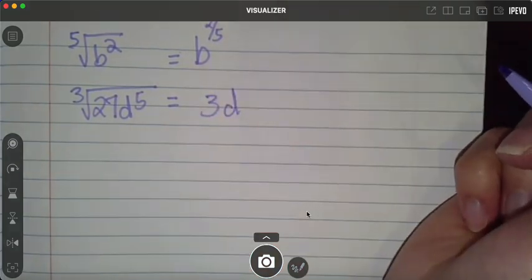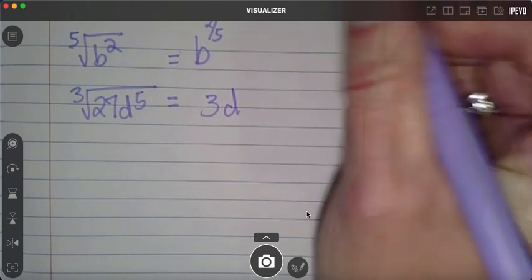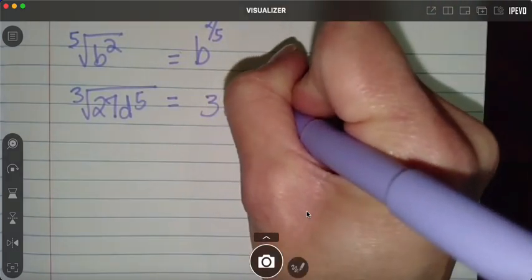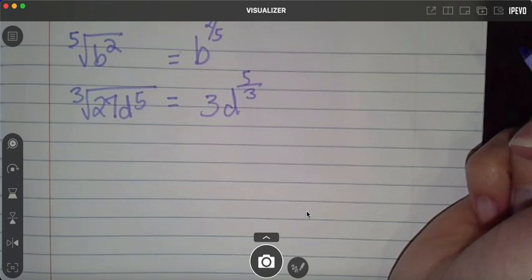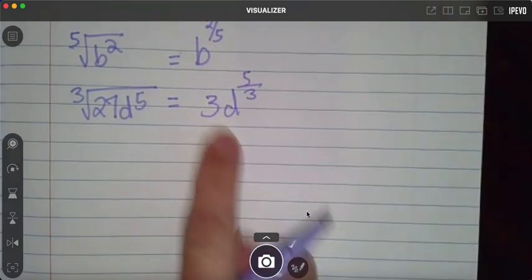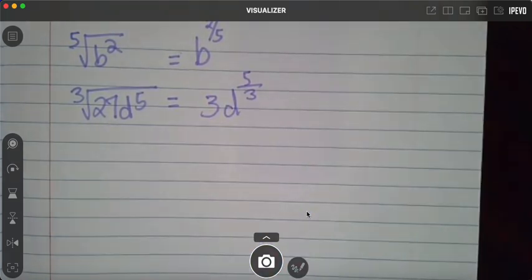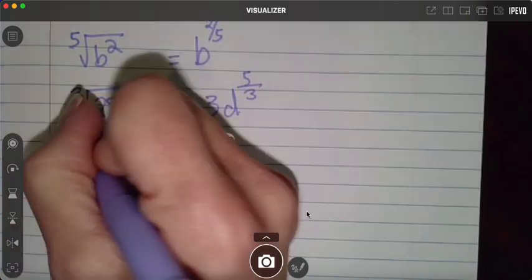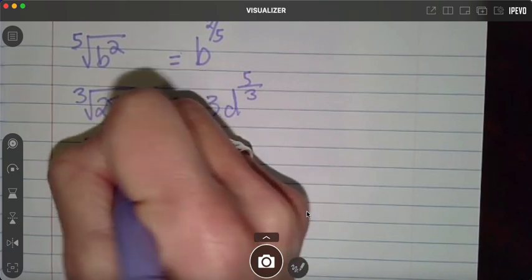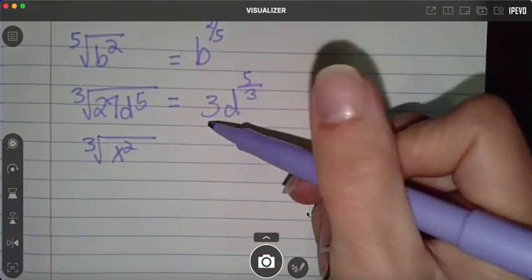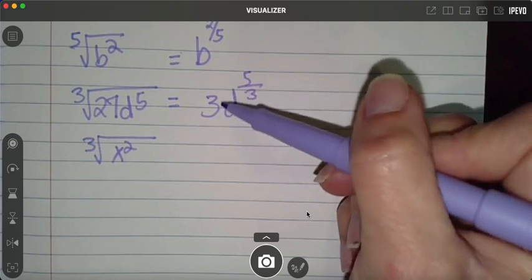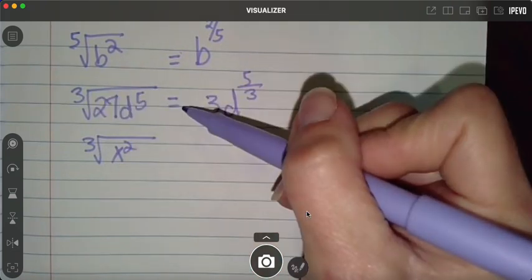The root goes in the bottom. 5/3. Okay? D to the 5/3. I already took the cubed root of 27. It was just 3. Let me do some more. Wait, wouldn't you have that in parentheses up there? Nope, the 3 I already did. I don't need to take the cubed root of that anymore because I already did it.